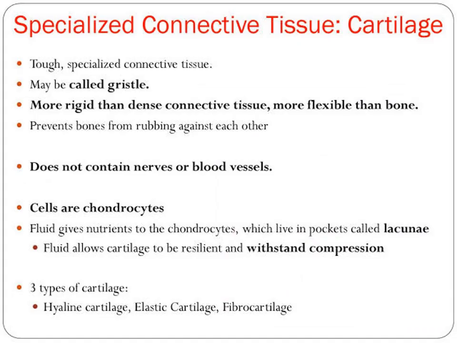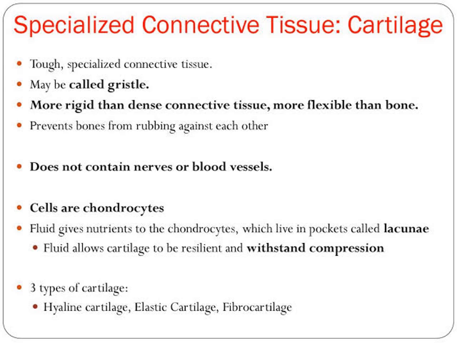Specialized connective tissue, that is cartilage. So these are the important key points for the dark black letters. Okay. So you look carefully, watch it. The specialized connective tissue may be called gristle, more rigid than dense connective tissue, more flexible than bone, and it prevents the bones from rubbing against each other, and does not contain nerves or blood vessels, and the cells are chondrocytes.